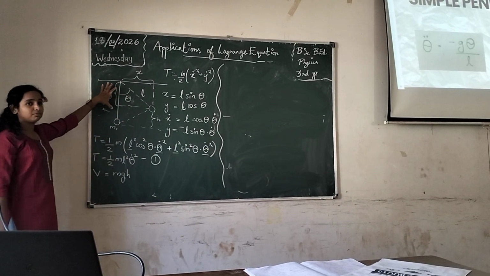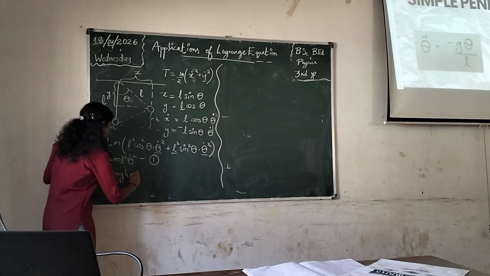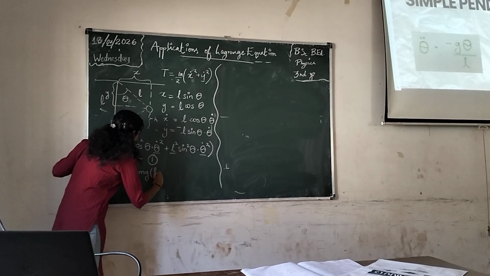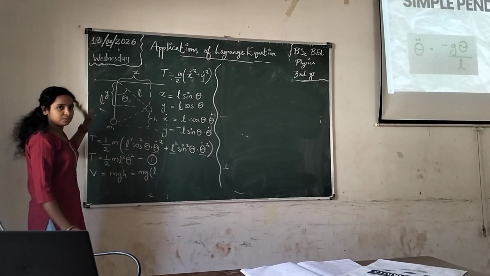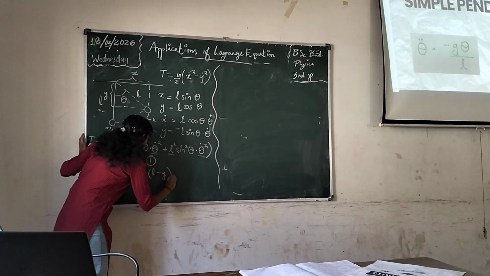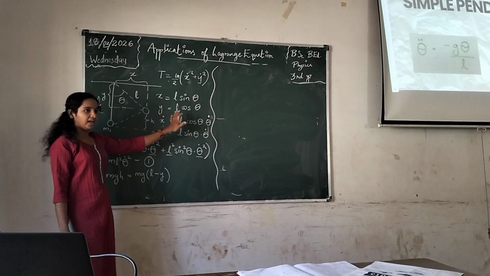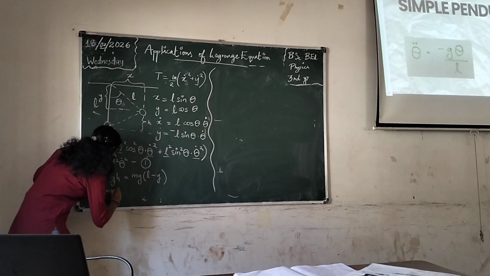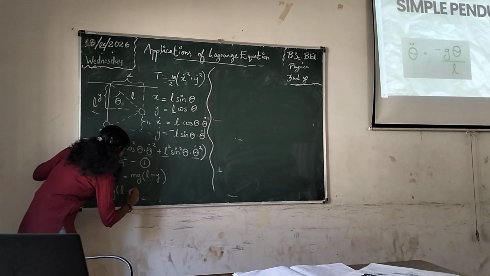So that is mg into L minus y. And we have our y as L cos theta. So it will be mg into L minus L cos theta.